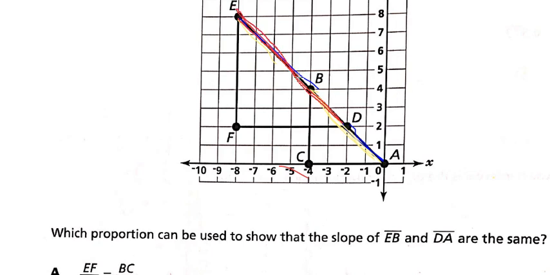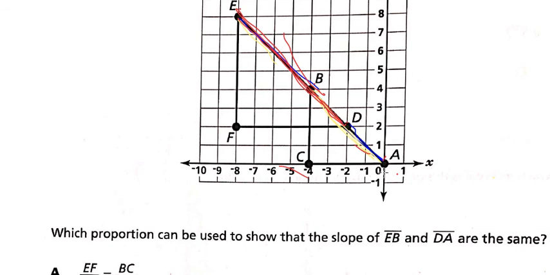So basically, I want to prove that the slope from E to D is the same as the slope from B to A. Because if this slope is the same and this slope is the same, then these slopes on the triangle pieces are also going to be the same.